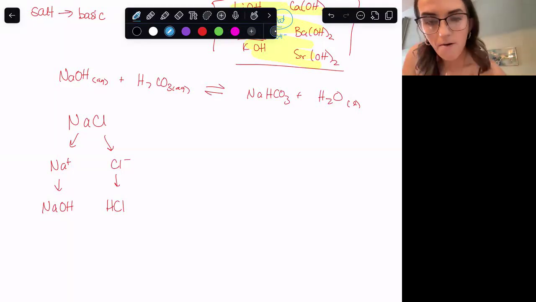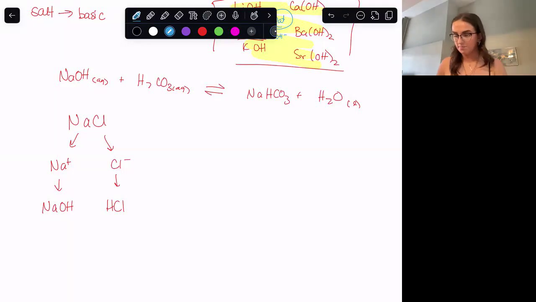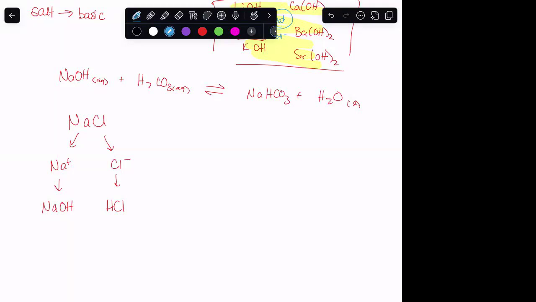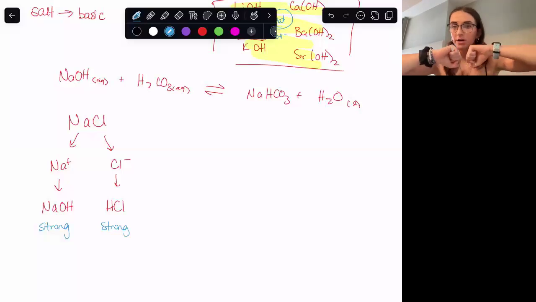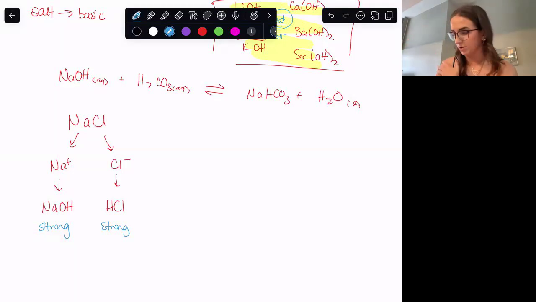Strong or weak? Strong. And what about HCl? Is that strong or weak? Strong. So if you have two strongs, that's like a tug of war where they're not going to move anything. So that's going to be neutral. Or that's an arm wrestle where they're not going to favor one side. So NaCl is a neutral salt.